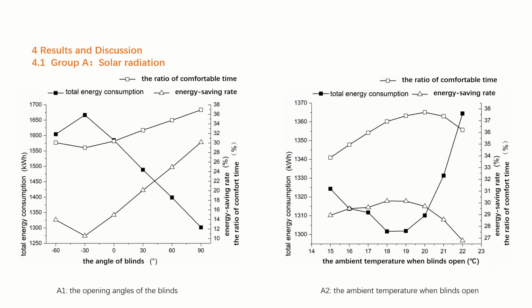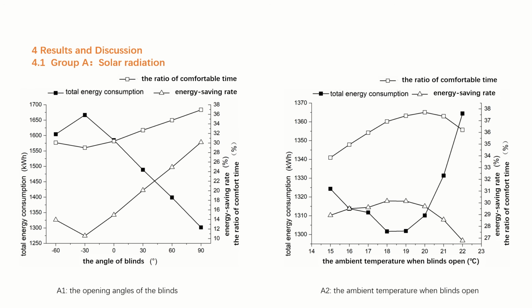In Group A, it can be seen that energy saving reaches its minimum and the ratio of countable time is maximized when the blind open in negative 30 degrees with the ambient temperature at 18 Celsius degree.